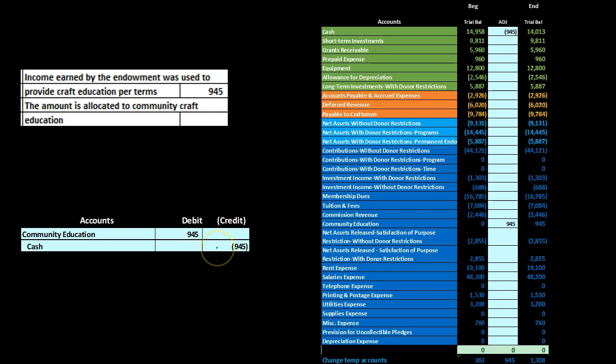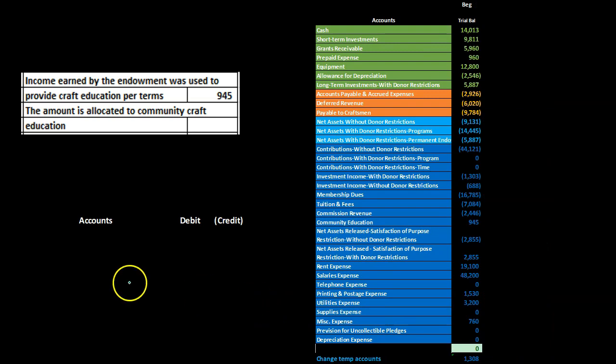And then we're going to credit cash. Cash is going down because we're spending it. And community education, the expense account, is going up. That would bring down what would be similar to net income, or the change in net assets in the statement of activities type of account.